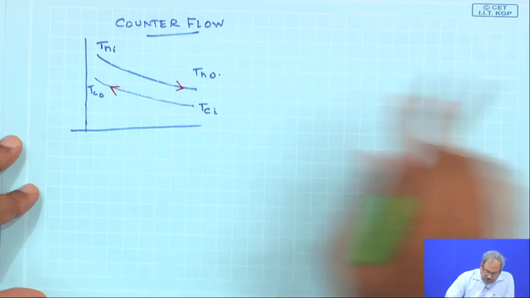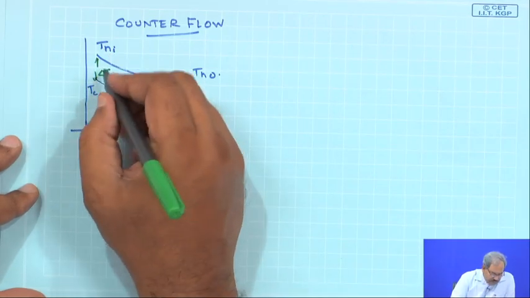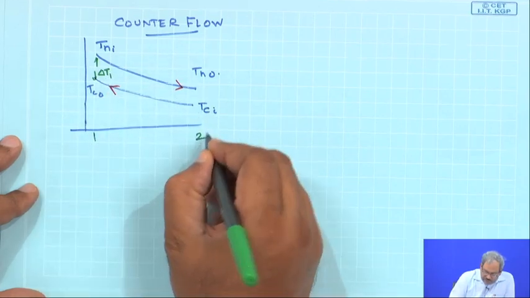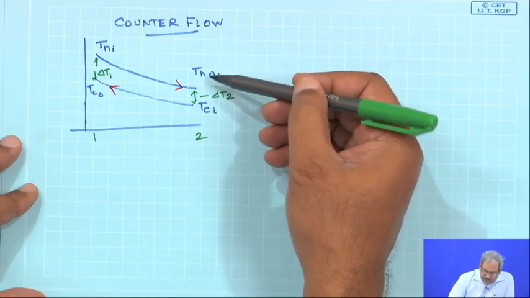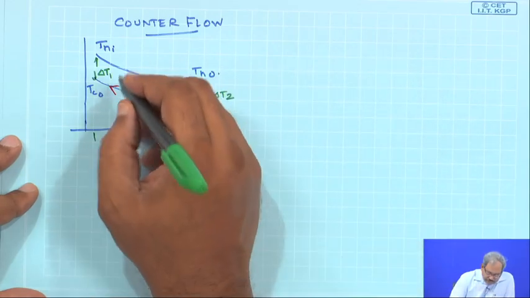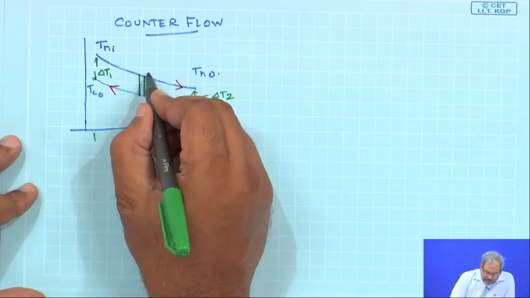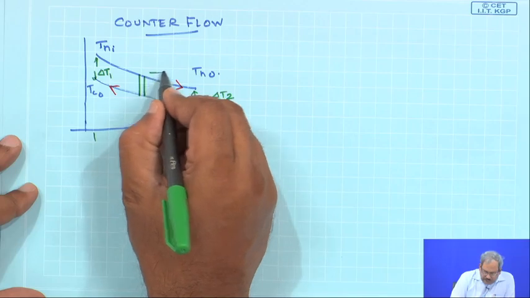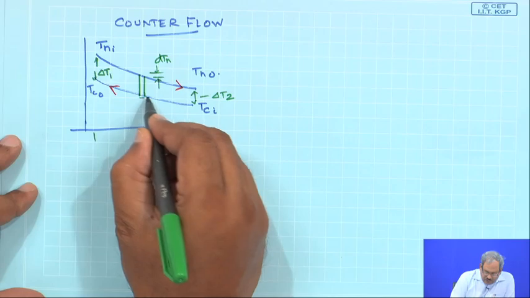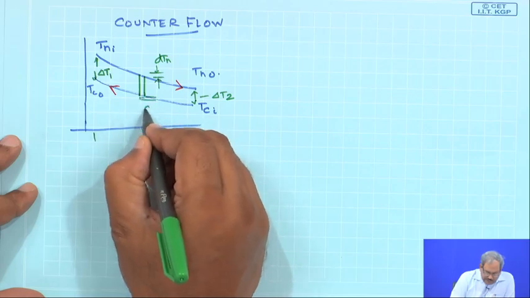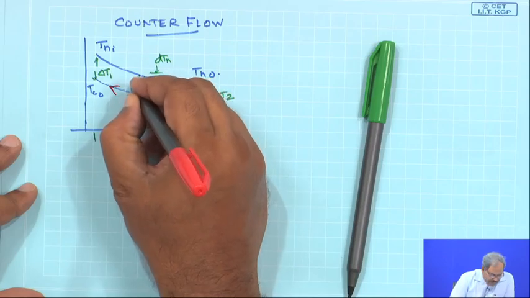So, what you have over here is delta T 1, this is location 1, this is location 2, and this is delta T 2. Delta T 2 is simply T H O minus T C I, and as before we again take a small slice of this heat exchanger where the change in the hot side temperature is dT H and the cold side temperature is simply dT C, and the heat flows in this direction as dQ.